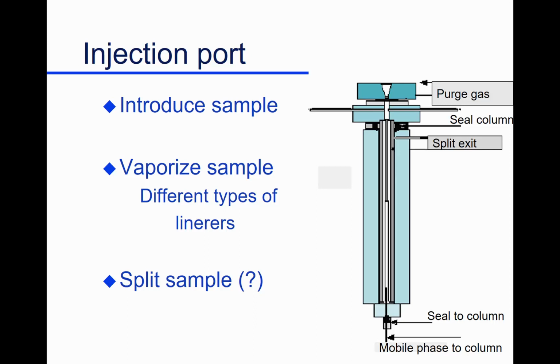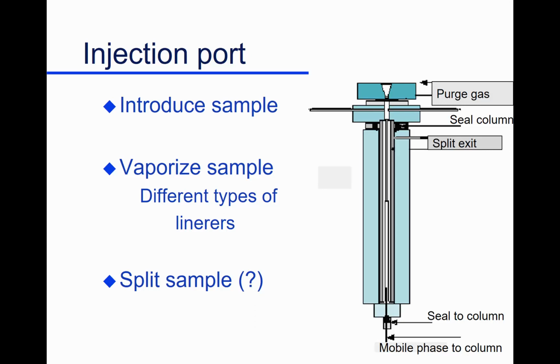There's also a split exit from this. So we might have 50 mils per minute of gas coming in here, coming down this tube. But we have this tiny column. If some of you have even seen it, it's 0.25 millimeters in diameter. That's a tiny column. We can't get 50 mils per minute through that.